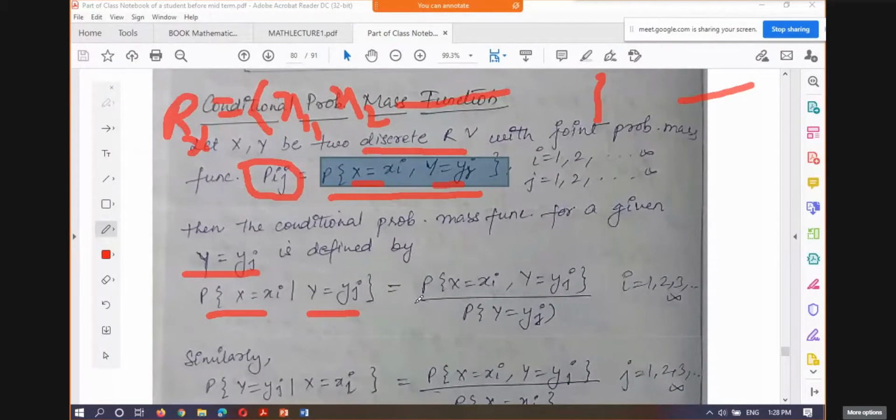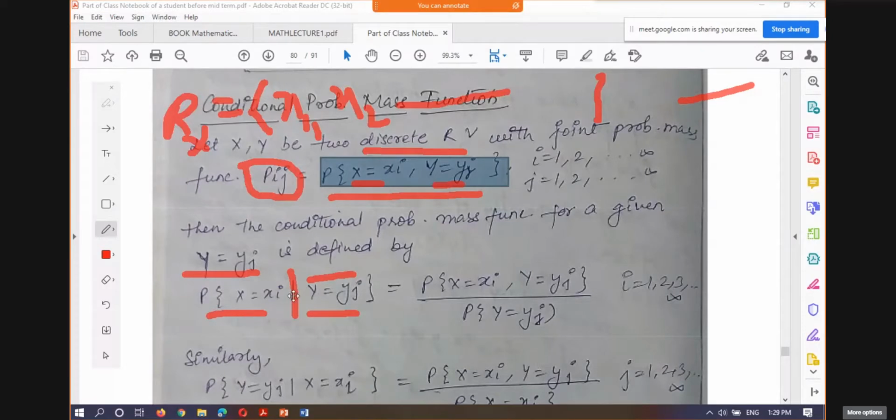And if you remember the definition, probability of A given B is probability of A intersection B divided by probability of B, provided probability of B is not equal to 0. So here we have to calculate the probability that X equals xi given Y equals yj.